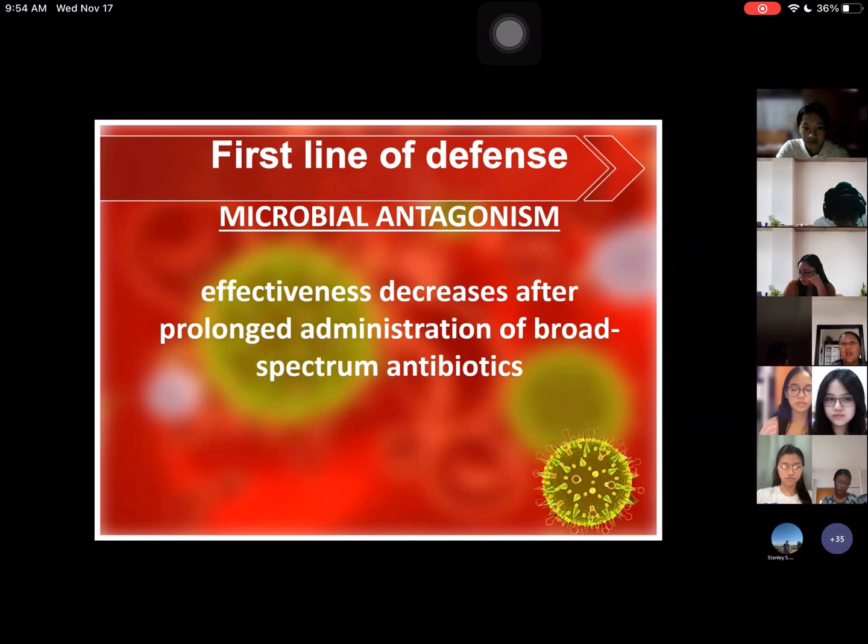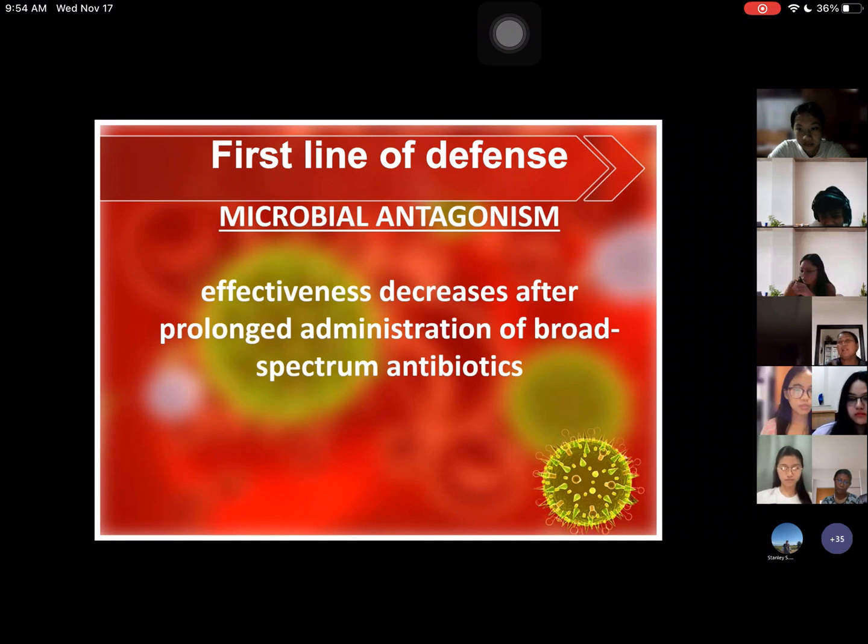Okay. This is effective, but the effectiveness decreases after prolonged administration of broad-spectrum antibiotics. Remember what broad-spectrum antibiotics are, when we discussed antibiotics last time: these are the antibiotics that can kill a broad range, numerous microorganisms.